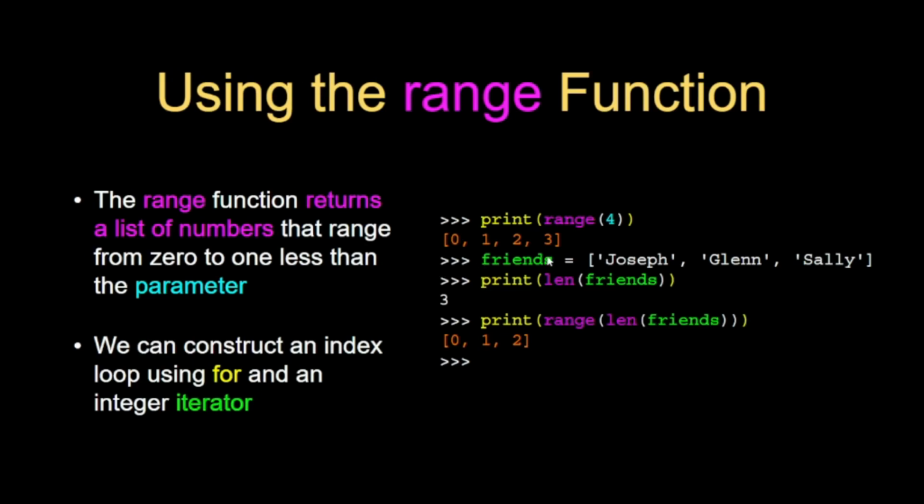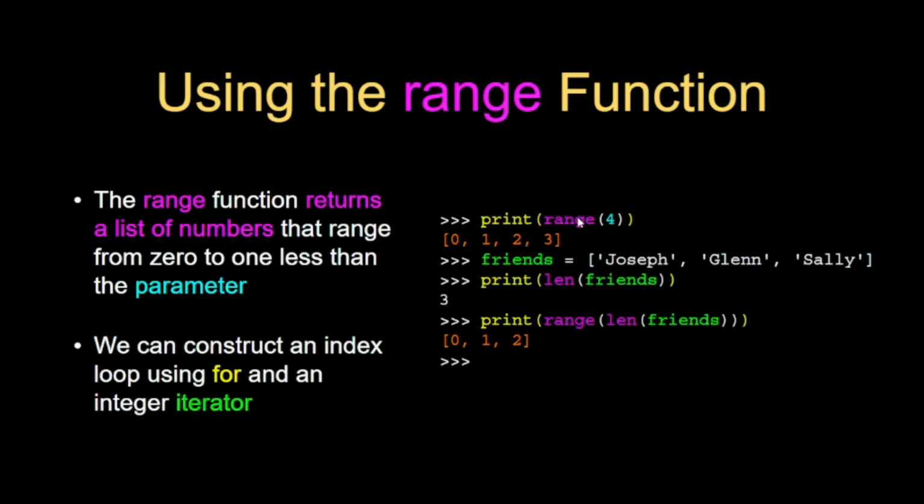That is very important: everything will start from 0, but it will end at 1 less than the number present in the parameter. For example, if I print range of 4, then it will print the sequence of integers starting from 0 and less than 4, and that will be 0, 1, 2, 3 only. That's it. So this is what the range function does.